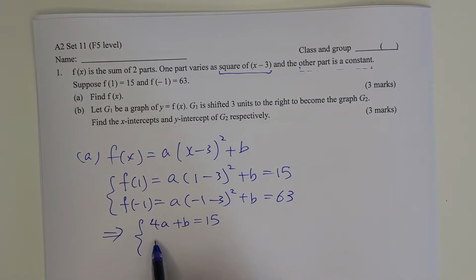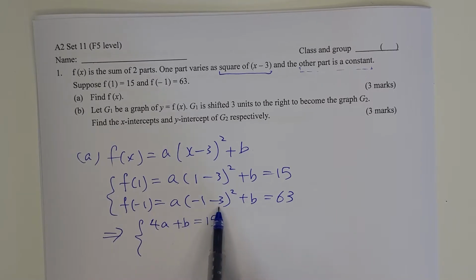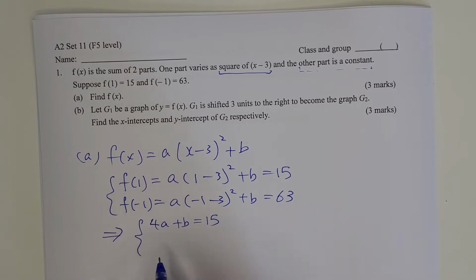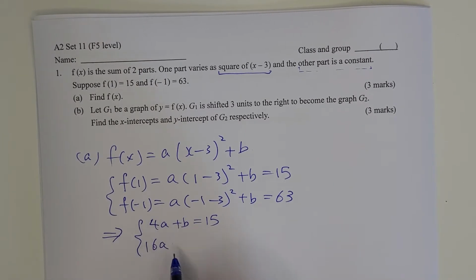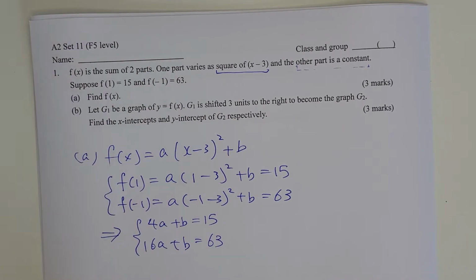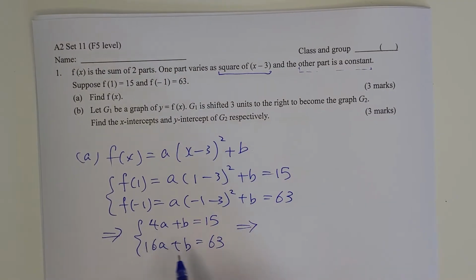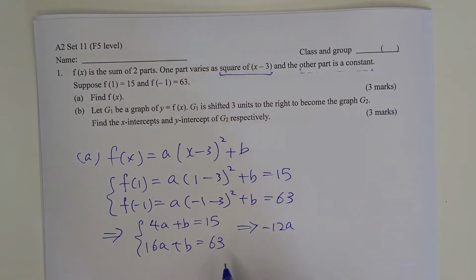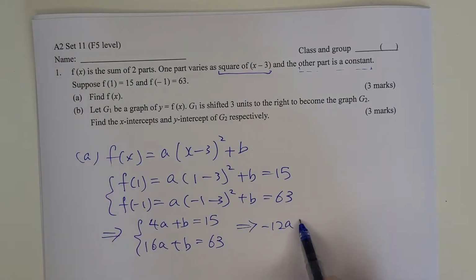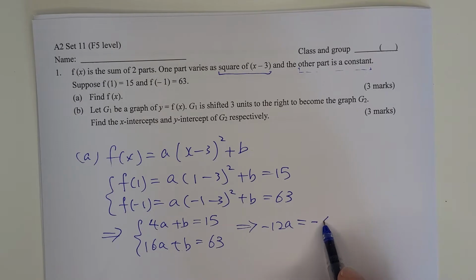And the second one, that is a times (-1 minus 3), here that is negative 4, but bracket square, so that is positive 16, plus b equals 63. You can do the subtraction of these two equations, then you will get 4a minus 16a, negative 12a, b minus b cancel, 15 minus 63, that is negative 48.